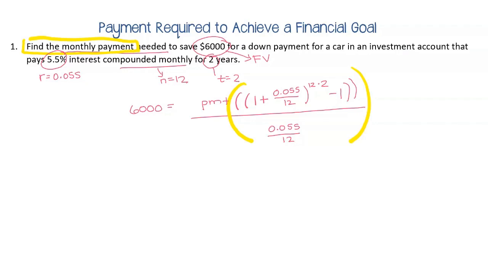Whatever that is, then I would divide both sides by that to solve for payment. So this will take some fancy footwork in your calculator. If you have solved it correctly, you will have that the payment is going to be $237.07. This is solving for the payment required to reach our financial goal of $6,000.